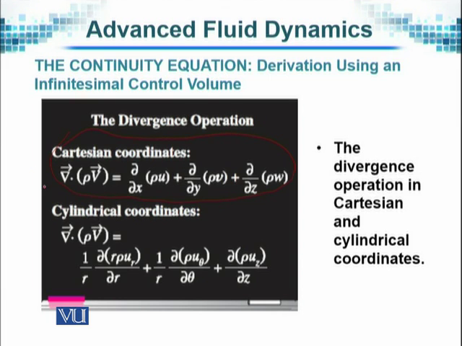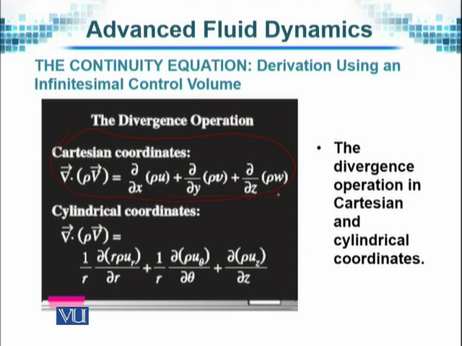If we write it in Cartesian coordinates, for a steady flow the divergence of rho times v will be equal to this if we are using rectangular coordinates.